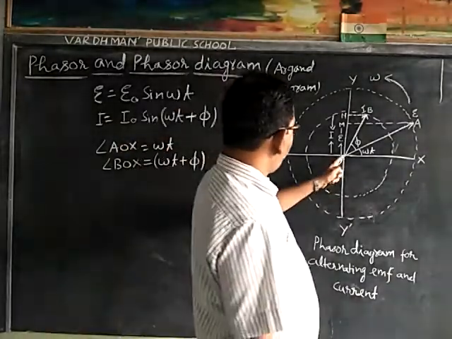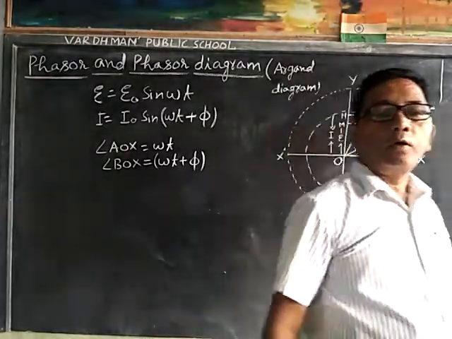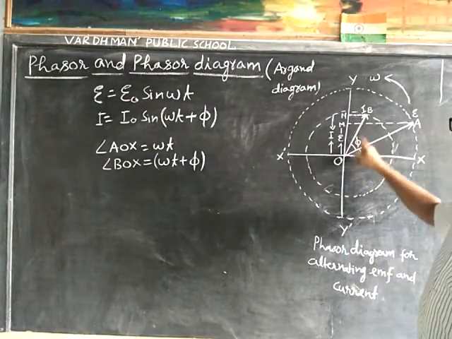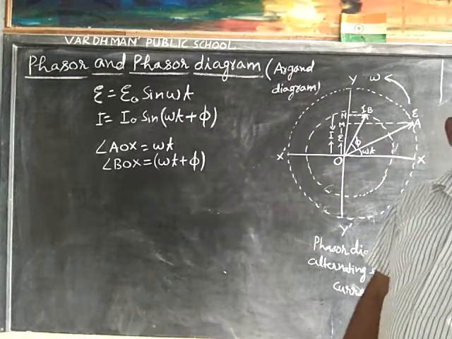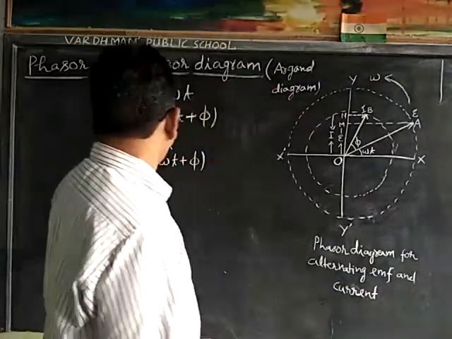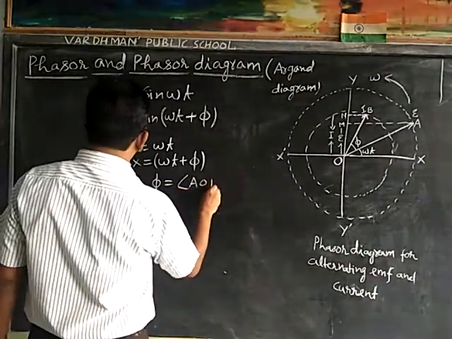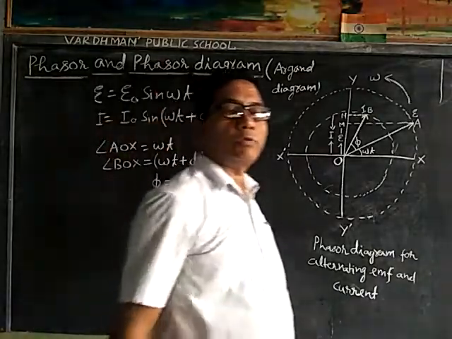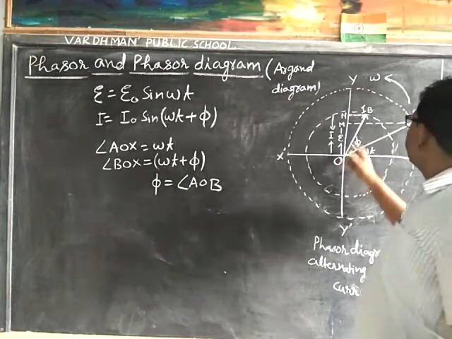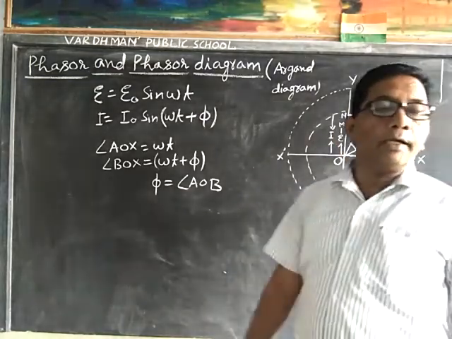The projection ON of OB represents instantaneous value of alternating current, and phi is equal to angle AOB, which represents the phase angle between E and I.